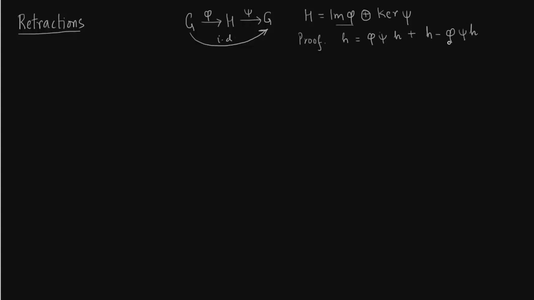We have to prove that the second part, h minus phi psi h, is in the kernel of psi. So I apply psi to h minus this map, and it should be 0. You get psi phi psi h, but psi phi gives you the identity, so what you get is psi h minus psi h, which is 0. That is true, and we are done.